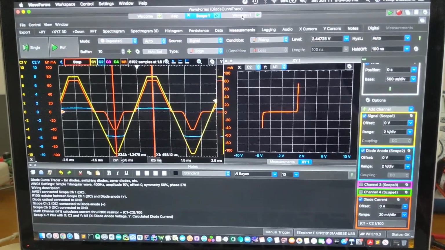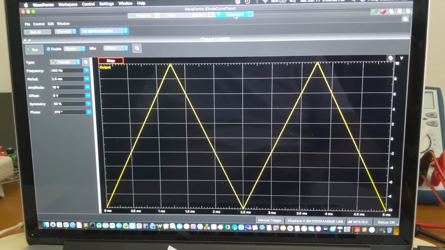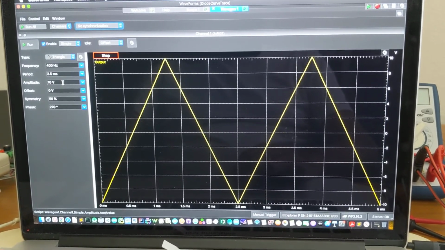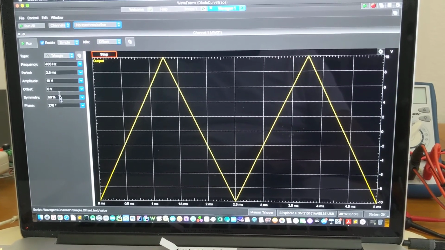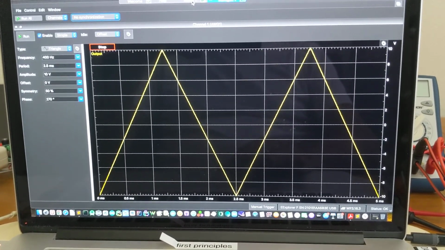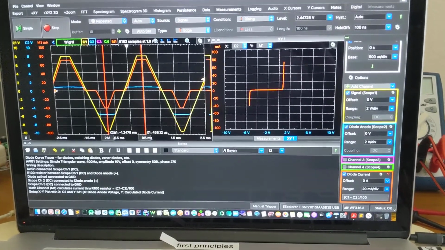Looking at the wave generator setup in the waveform software, you can see we have this triangular wave. It's 400 hertz, 10 volt amplitude, no offset, phase of 270 degrees. And if we run this, not much to look at.